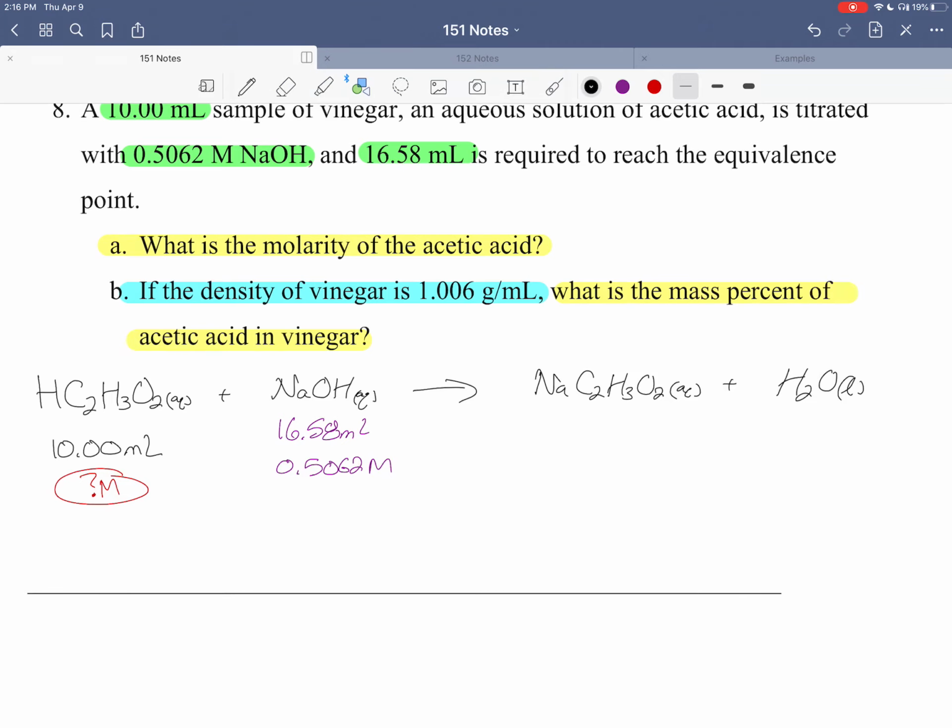And we happen to know that we have 16.58 milliliters of NaOH. And we happen to know that for every 1,000 milliliters of a sodium hydroxide solution, there is 0.5062 moles of sodium hydroxide.